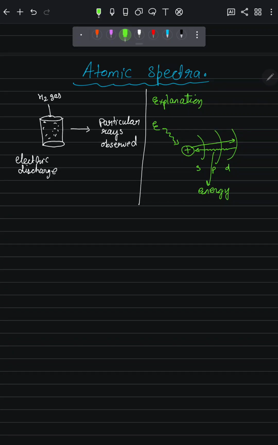And here to calculate the energy difference between these levels, we use a formula: E is equal to minus 13.6 Z square upon n2 square, minus, minus 13.6 Z square upon n1 square, to calculate the change in energy between two different levels.